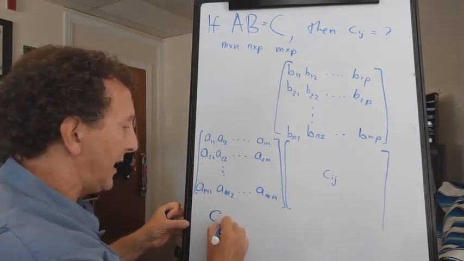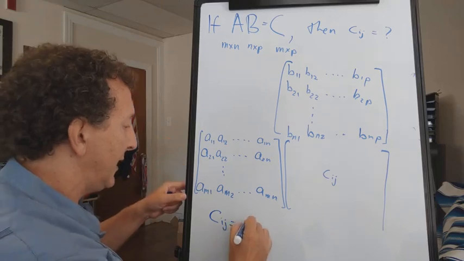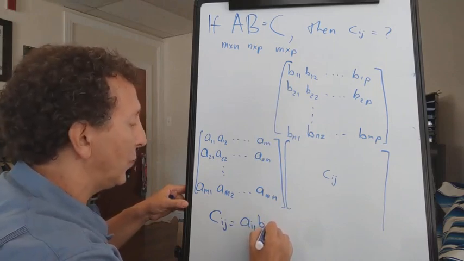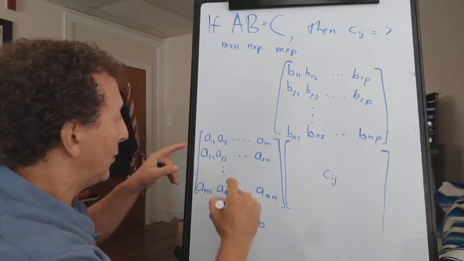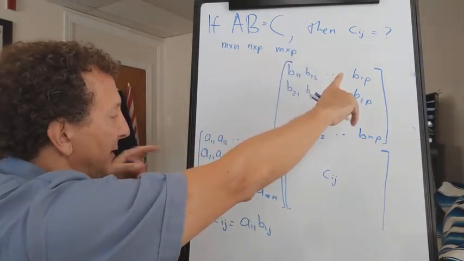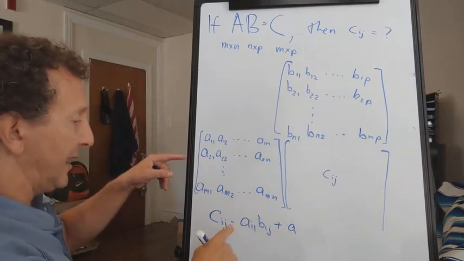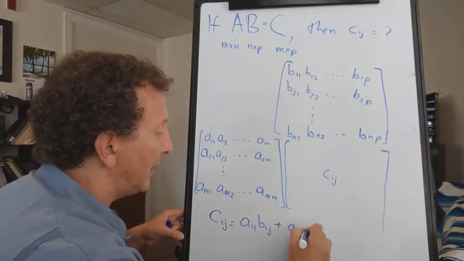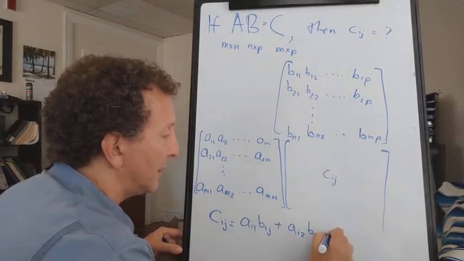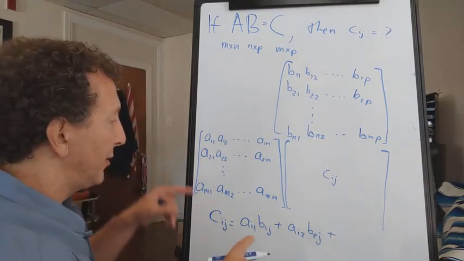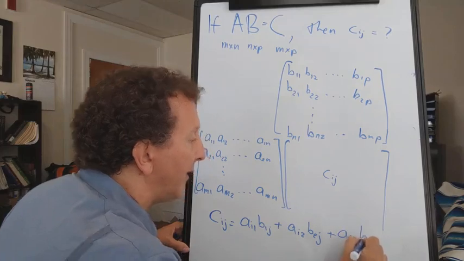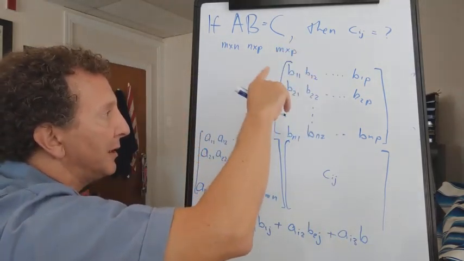So Cij is going to be Ai1 B1j, because we're looking at the jth column and the ith row, and then in the ith row of A we have Ai2, and in the jth column we'll have B2j, and then the third entry of the ith row of A will have Ai3, and the third entry of the jth column of B we'll have B3j.